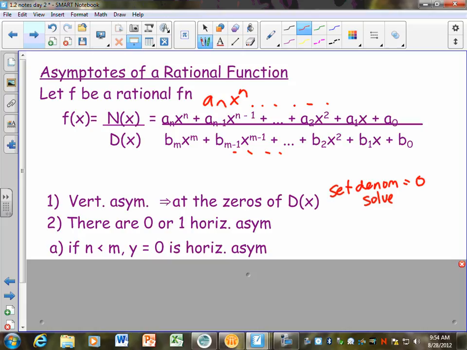Horizontal asymptotes. This is the numerator degree, this is the denominator degree. If the numerator degree is less than the denominator degree, then you will always have y equals 0 as a horizontal asymptote. That's the x-axis. You have that a lot.